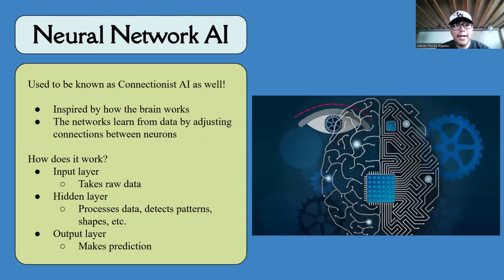But another major AI that is very popular right now is the neural network, which is what I've been talking about in the previous three videos, including this video. You could think of it as an artificial intelligence that was inspired by how the brain works. The network learns from the data by adjusting its connections between the neurons, and it works using different types of layers, like I was talking about in the beginning of the video: the input layer that takes the raw data, the hidden layer that processes data and detects patterns, and the output layer that makes the prediction.